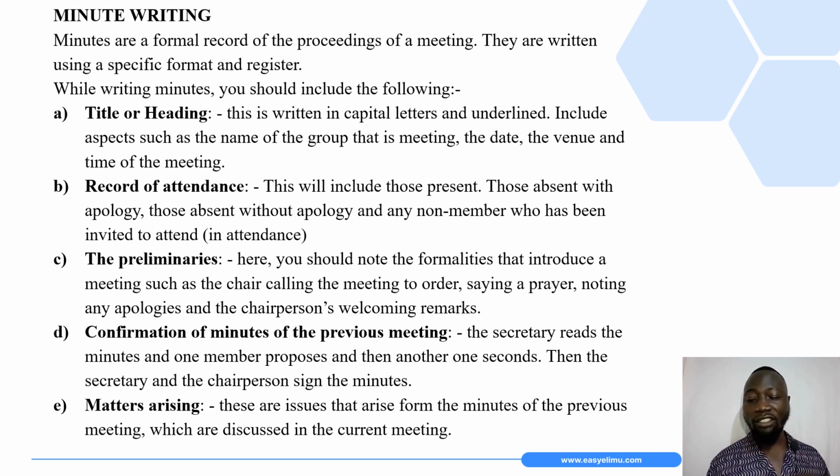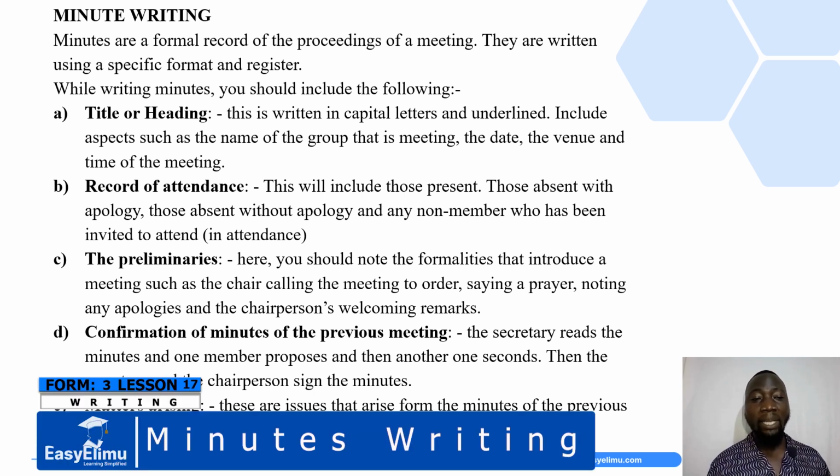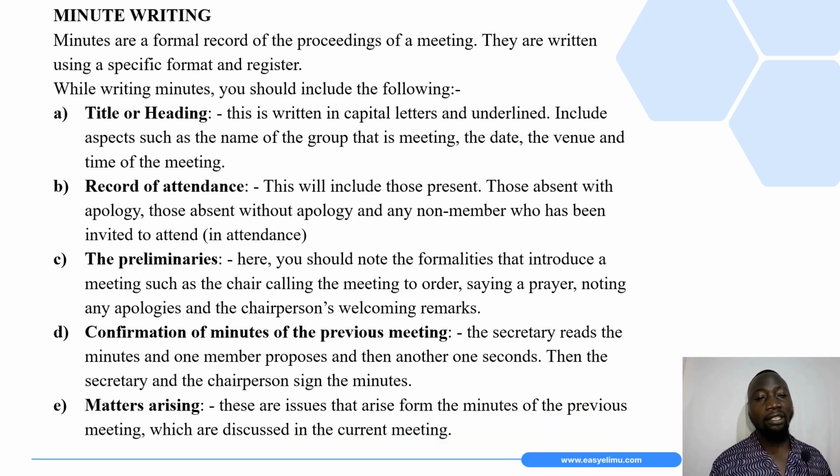Then after matters arising, we have the issues to be discussed in the current meeting, followed by AOB. AOB is a short form for any other business. Then we have adjournment, that is the ending of the meeting. Then lastly, the signing off.